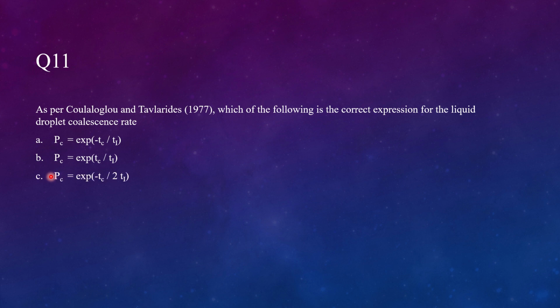Option C: Pc is equal to exponential of minus Tc by 2 times Ti. Option D: none of the above. So this is the liquid droplet coalescence rate for the bed according to the Coulaloglou and Tavlarides 1977 model. The right answer is option A, that is Pc is equal to exponential of minus Tc by Ti.